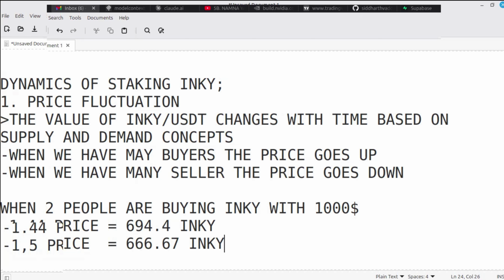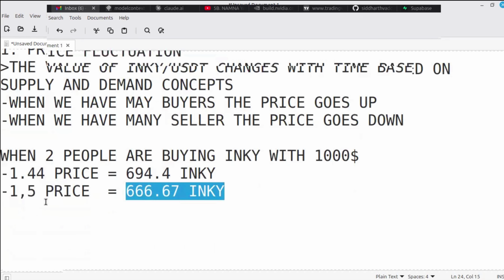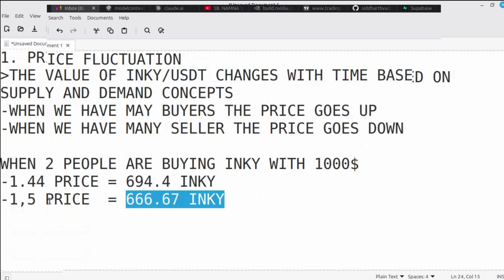Since the price changes, the same asset can have a different value. For example, we have done an example: with the same $1,000, one person can get 694 ink, while another gets 666 ink. Price is one of the dynamics that you're going to face in this business. The price is going to be changing with time.